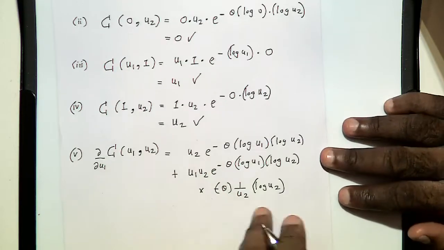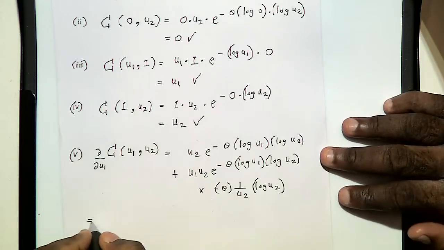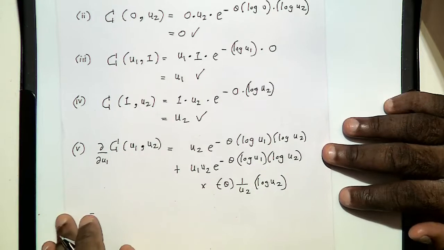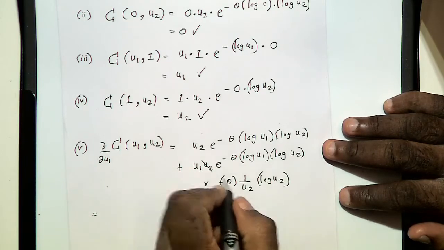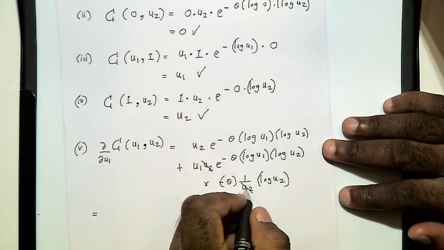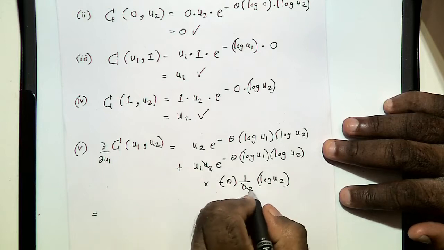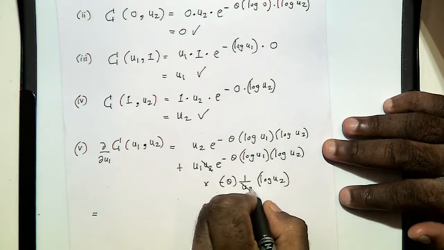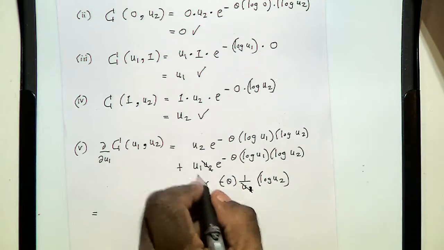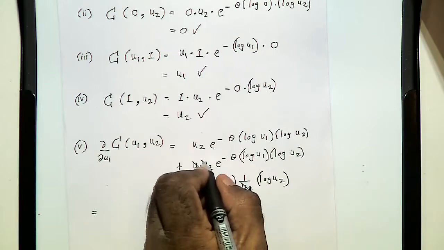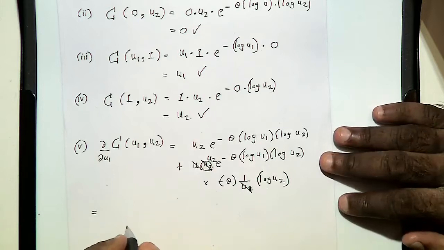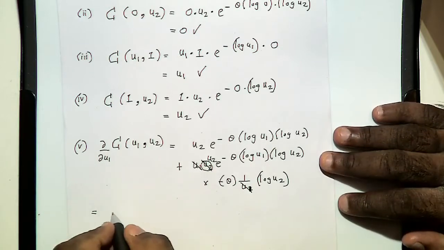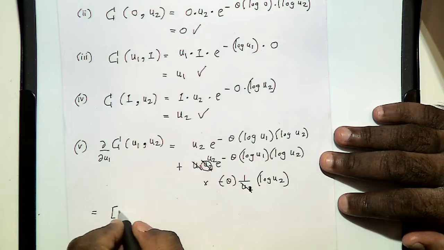Okay. Now if you simplify this, guys, let's see what you get. U2 will cancel with this one. Oh, sorry, this should be U1. Sorry, U1. What am I doing? U1 will cancel, not U2. You will still keep U2 here. All right. So what you have is 1. Correct me if I'm wrong.